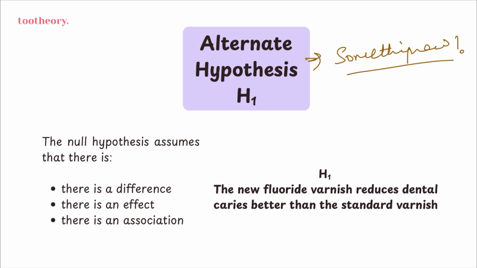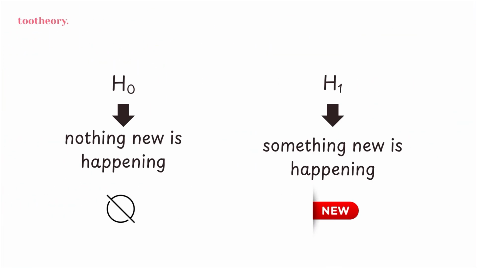So now we perform our studies, right? Before we start our studies, we have our null and our alternate hypotheses ready. And then we perform our study, we collect the data, and after looking at the results, we will see that there are only two possibilities that can take place.